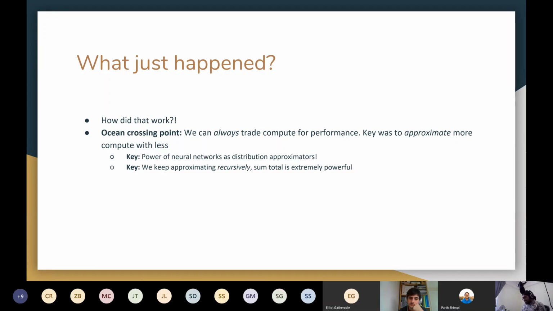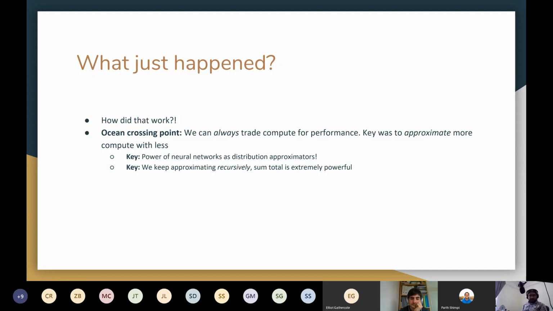And this is even more awesome because we're doing this recursively. We're taking this compressed compute down into this cheap neural network. We're then scaling up the neural network, and then compressing it down again.